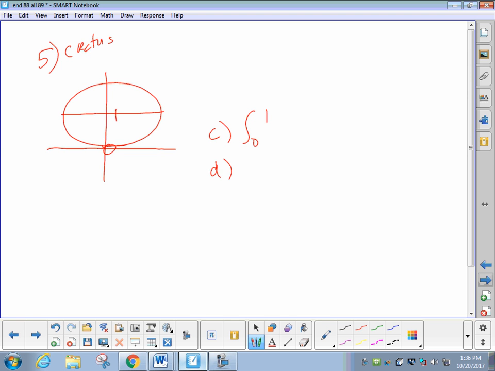Yeah, I totally agree. 0 to 1 would be the limits of integration if you drew it there. But if you drew it there and you subbed for x, then what's the equation of this circle? It's shifted. It's not at the origin. It's plus y. Yeah, now it's shifted up 1.